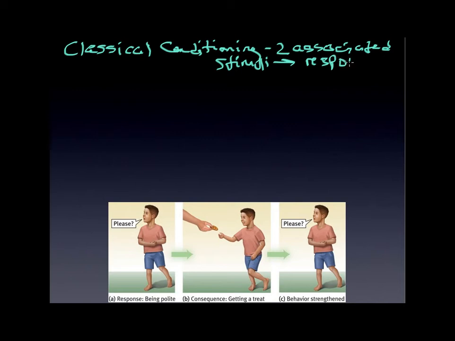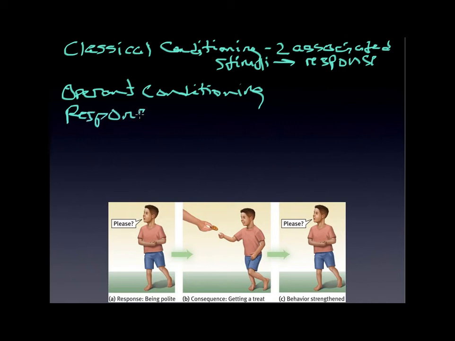Now, in operant conditioning, the paradigm changes entirely. In operant conditioning, in a sense, the whole thing starts with the response. As is illustrated below, a response is provided, elicited, if you want, or automatically given. And that response is then met with some consequence.